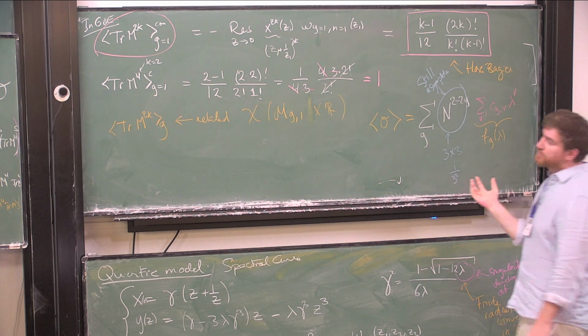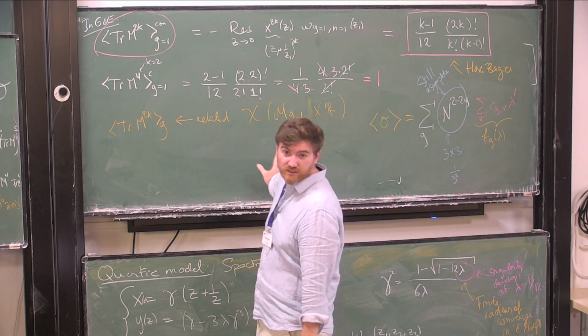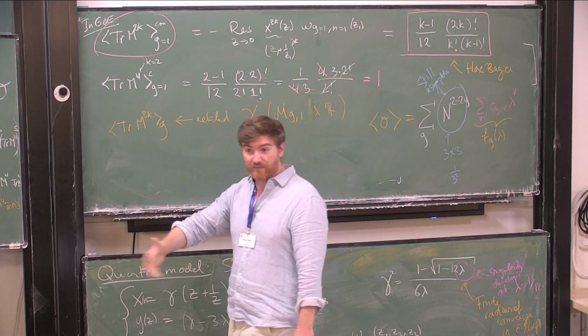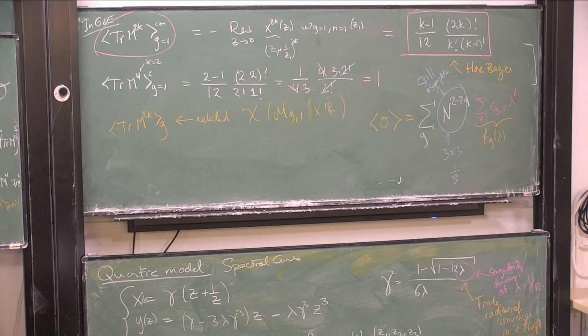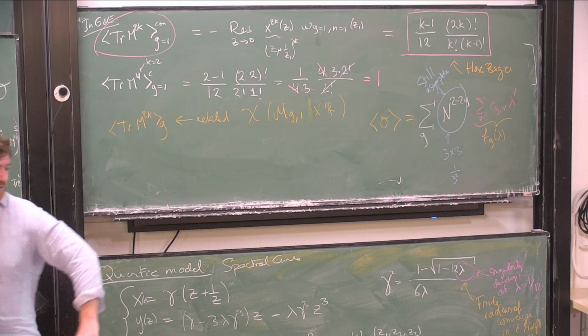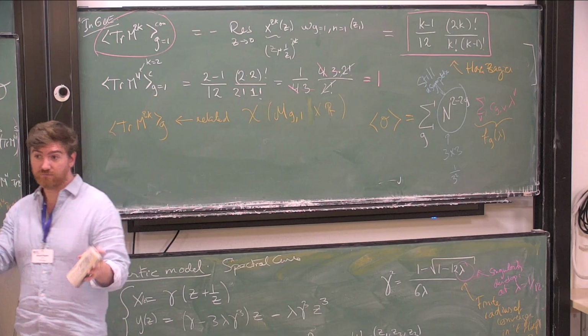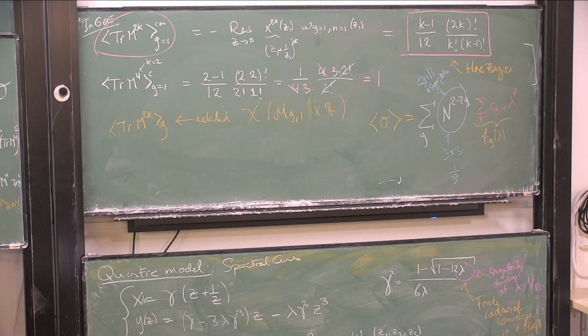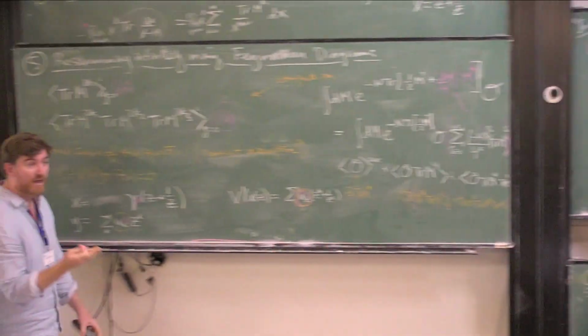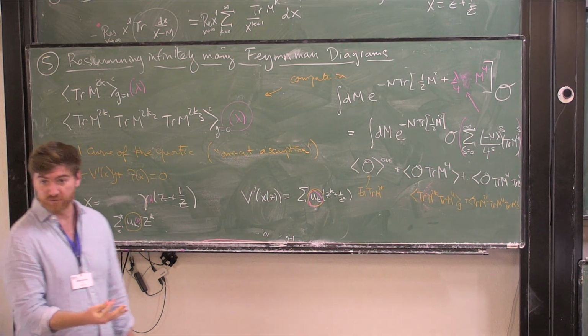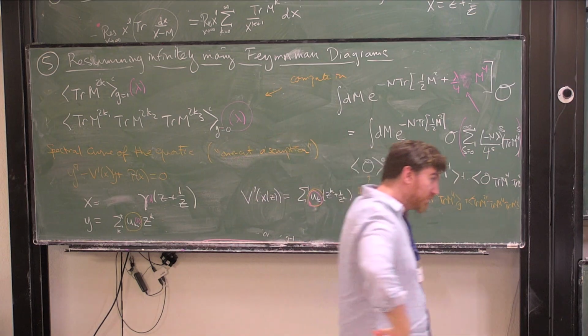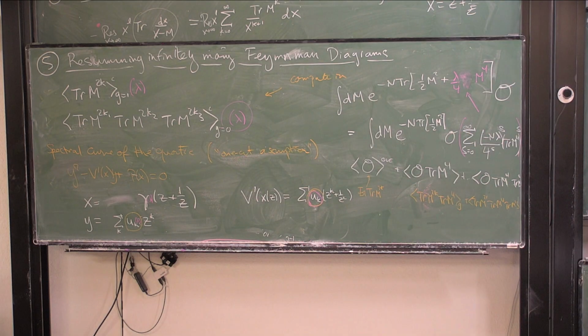But now I'd like to tell you that this subject has taken a life of its own, and topological recursion actually governs many problems in mathematical physics. I'll convince you by giving you a few examples of totally different types of problems that all satisfy topological recursion. All you have to do is specify the spectral curve, and once you have it, you can spit out all of these various things.